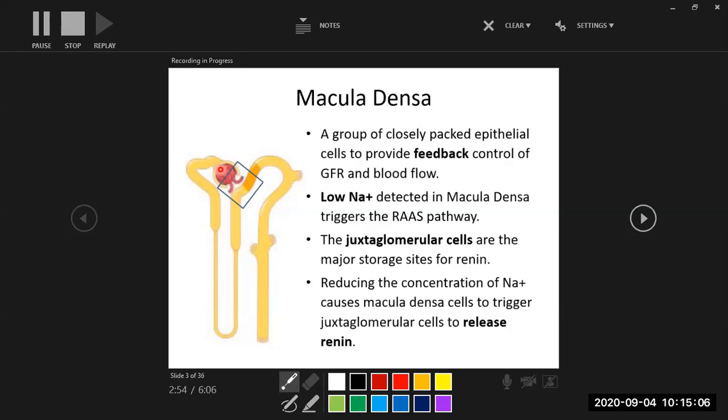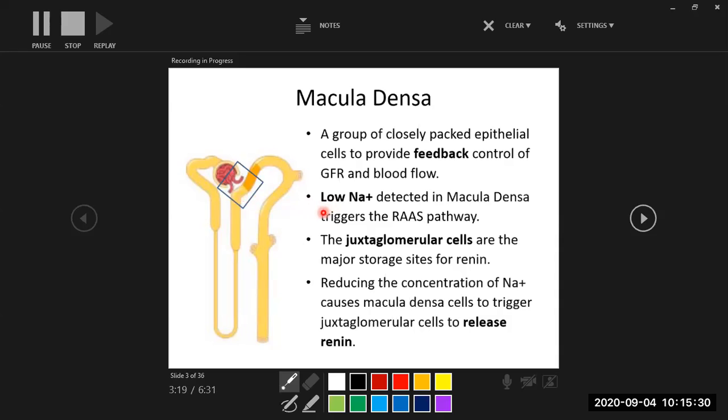If the filtered amount is high, then the sodium here is high. So we use the sodium amount to determine whether the GFR is good enough. So that's what we do. Here we have the detection of the sodium.